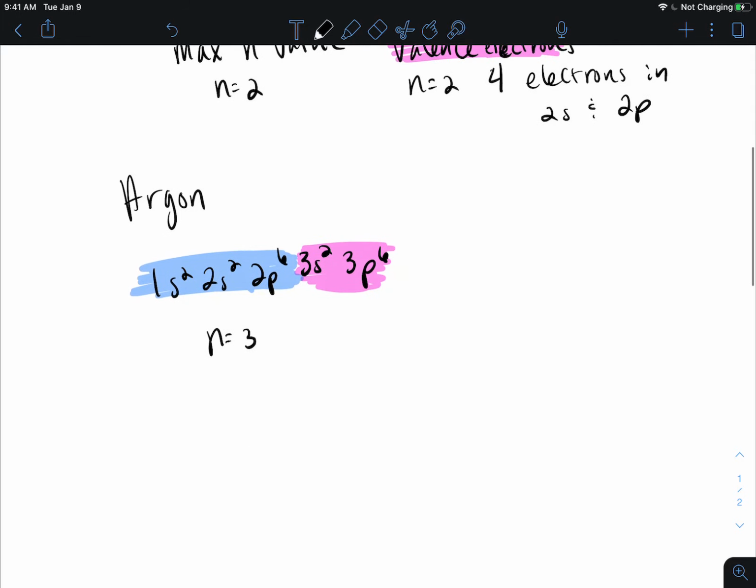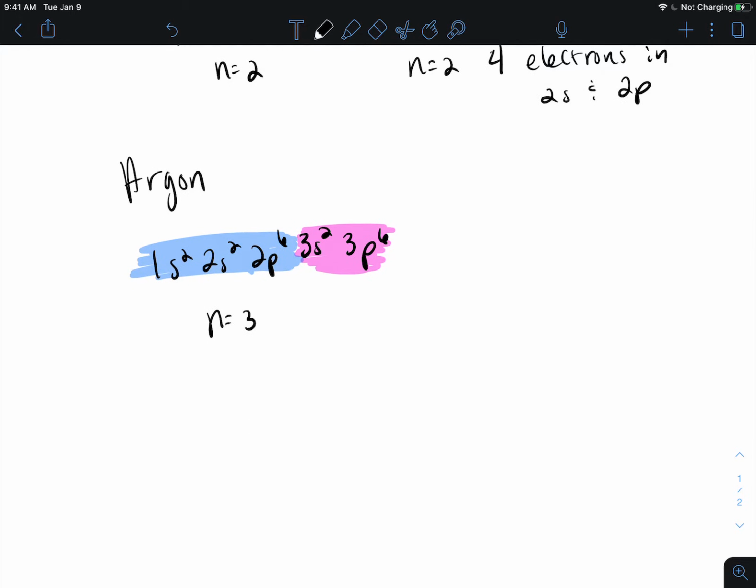Until you get to something that is in the middle of the periodic table. And what I'm talking about here, of course, are transition metals, because our transition metals can't behave like anything else. Let's take iron, for instance. Iron: 1s2, 2s2, 2p6, 3s2, 3p6, 4s2, 3d6.